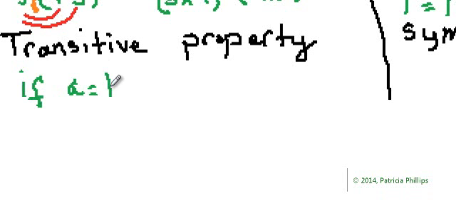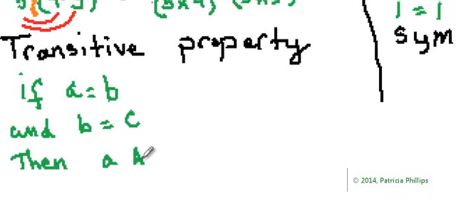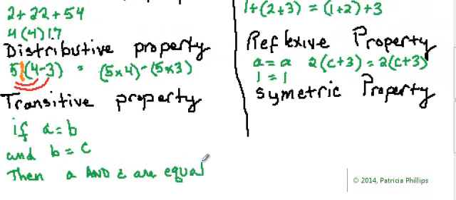If A equals B and B equals C, then A and C are equal. A equals C and C equals A.